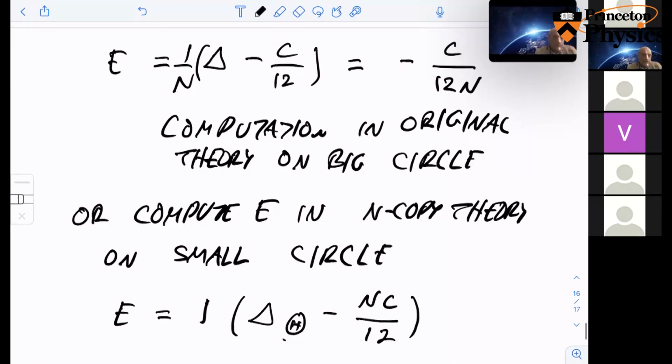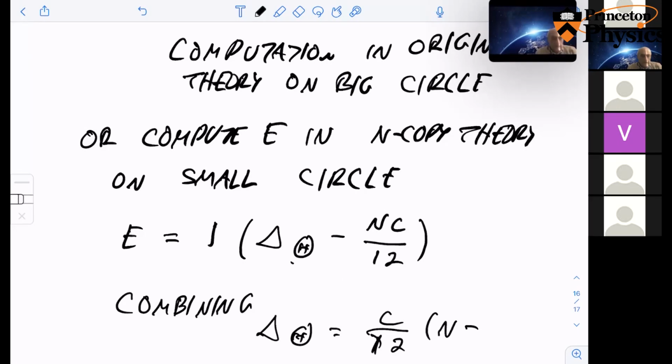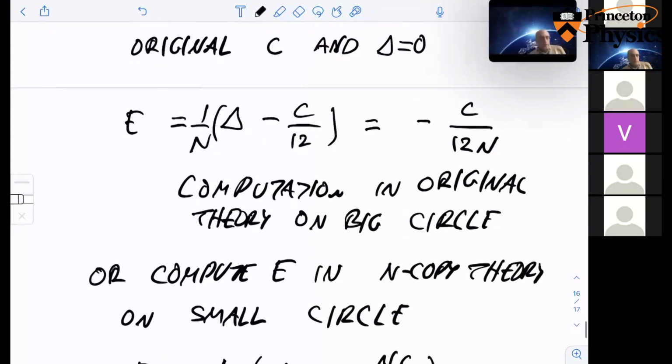The first computation gave minus C over 12n. So combining these formulas, you learn that delta theta is C over 12 times n minus 1 over n, which was the formula that I claimed.